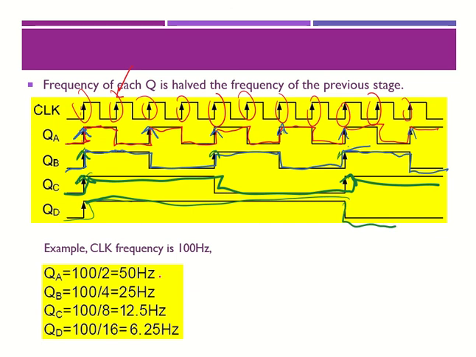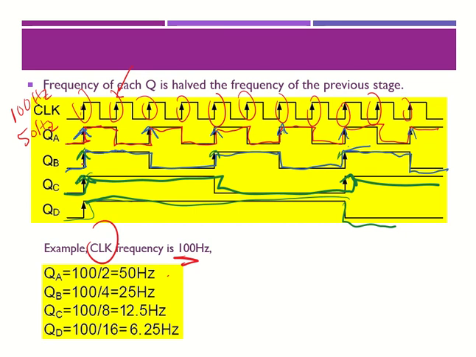So for QA, let's say your clock frequency is 100, so this is 100 hertz. QA is always divided by 2, so 100 divided by 2 is 50. So this is 100 hertz, this is 50 hertz. For this one, if you see over here, you have 1 2 3 4 5 6 7 8 9 10 11. You divide by 2, you're going to have 6.